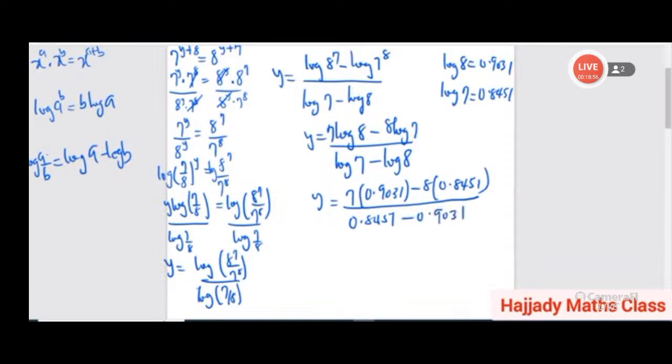Solving this, my numerator is going to give me minus 0.4391 over minus 0.058. So finally, I can say that my y is approximately 7.571. This is my final answer.